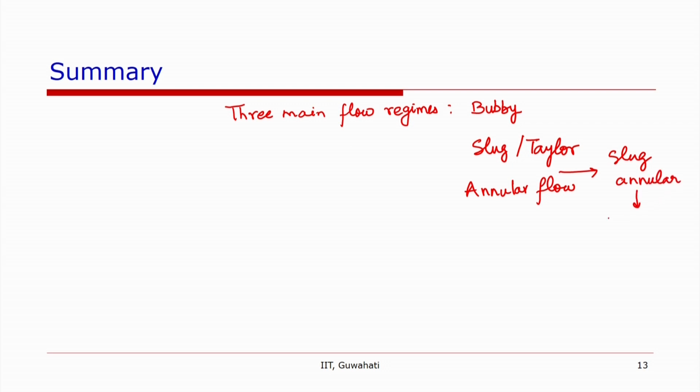It can have wavy annular, or it is also known as liquid ring flow, or Taylor bubbles touching.